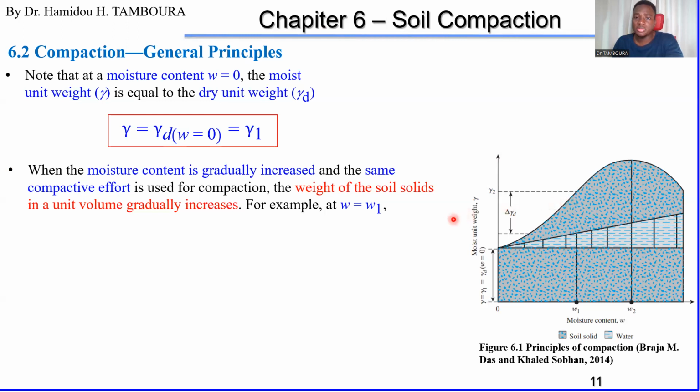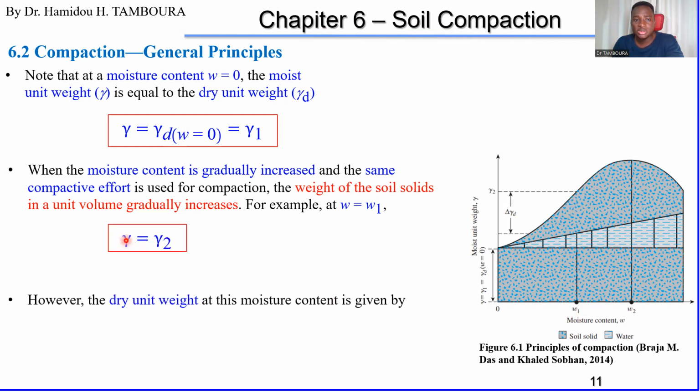Okay, so for example, when we are here, as you can see, or here also, when we are here, water content omega 1, we will have unit weight gamma 2. Okay, so we can write this gamma in that case is equal to gamma 2. That is very simple, I think. Gamma 2 here corresponds to here.